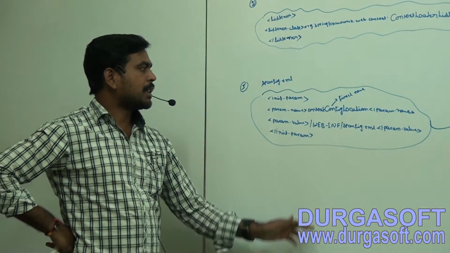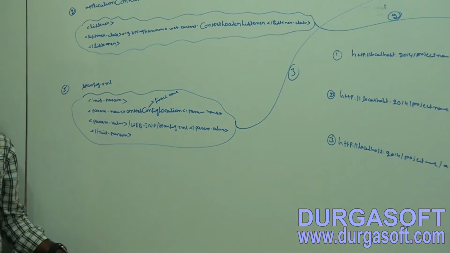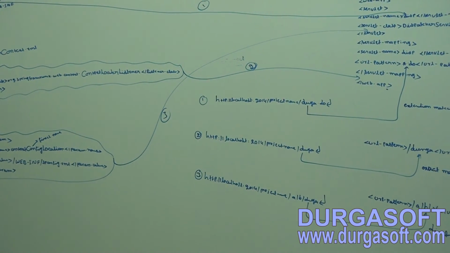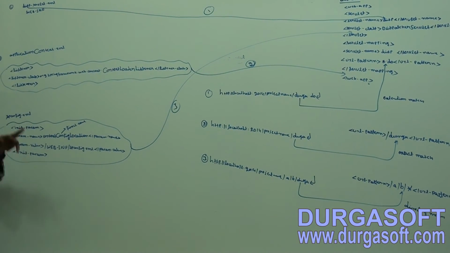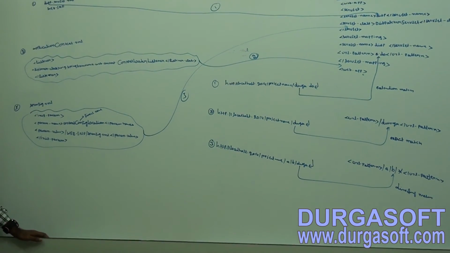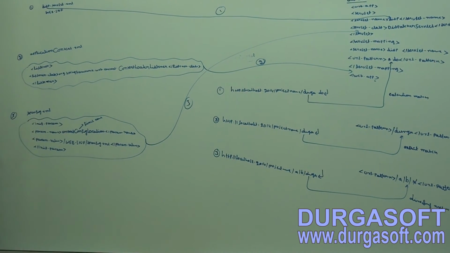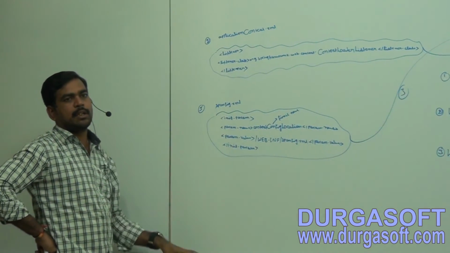Whenever we are taking the context param here, wherever you want we can configure it, and it is automatically going to be loaded. If you take init param, must and should we have to take it inside the servlet tag only. This is the way to load the configuration file. This is the way to configure in our application.